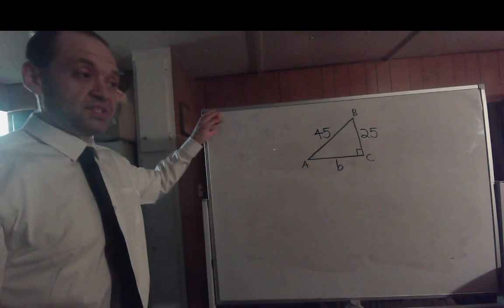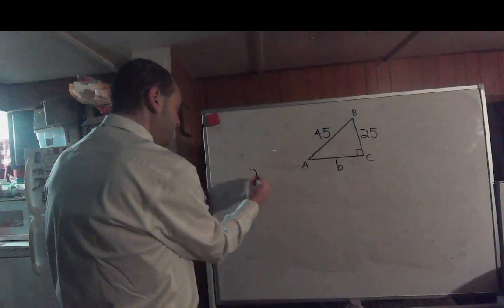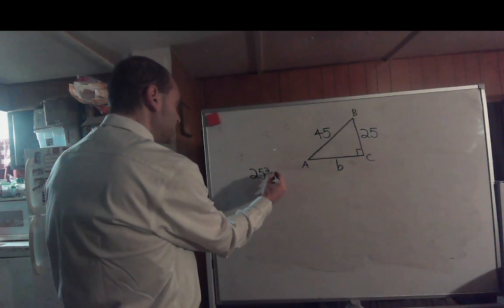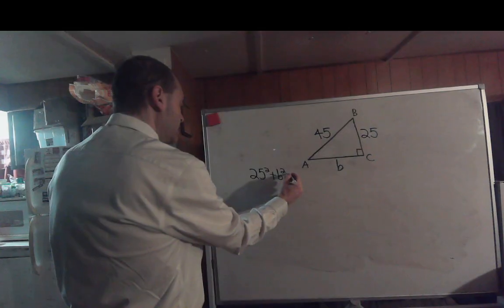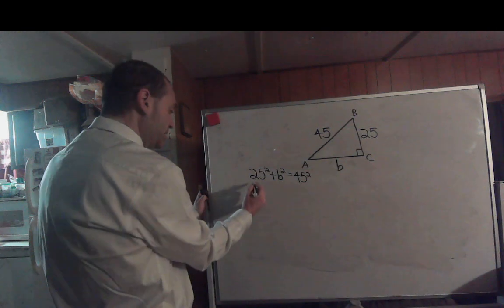Well, first I would say we solve for side B. So this means that 25 squared plus that B squared equals 45 squared. And this is going to be pretty horrendous.